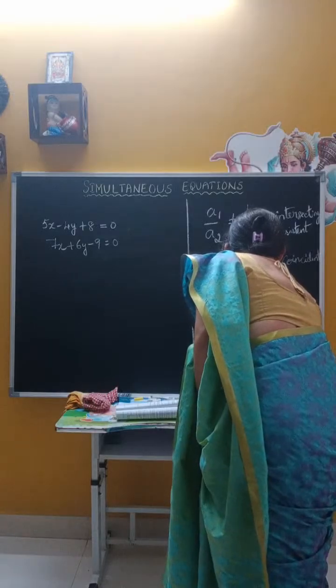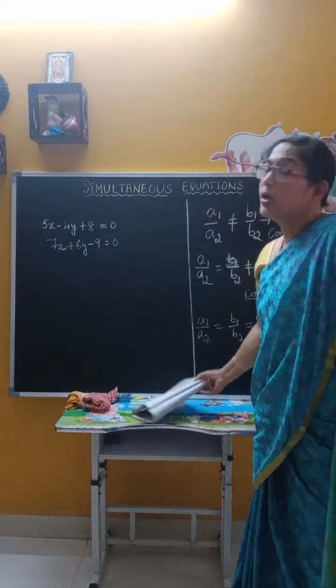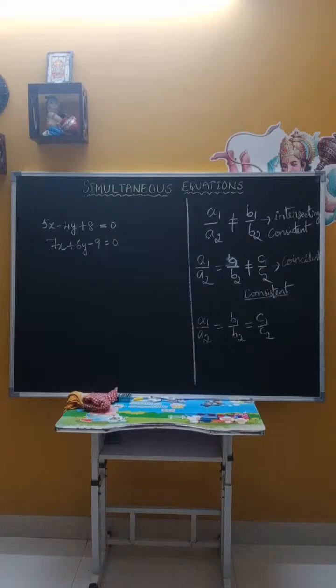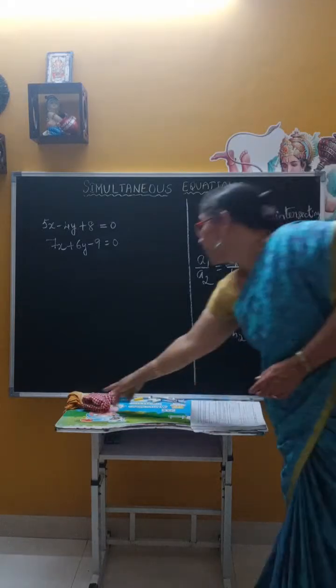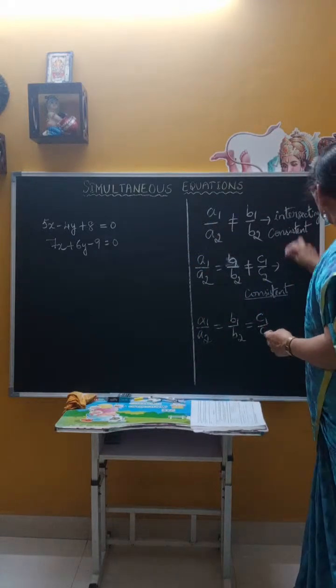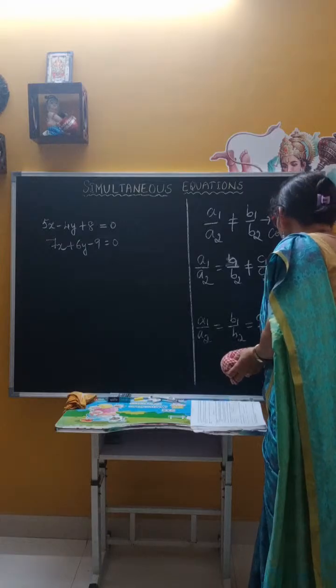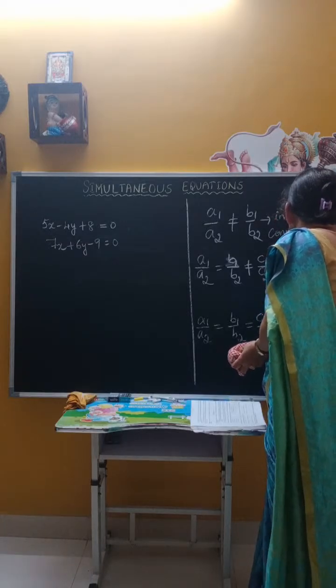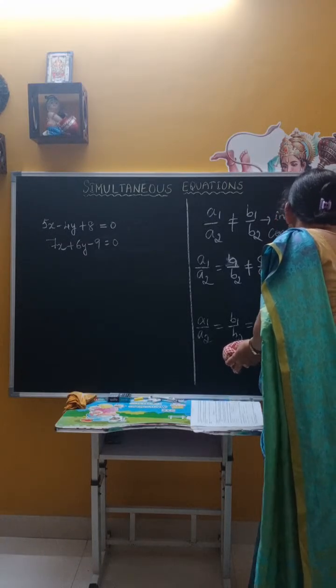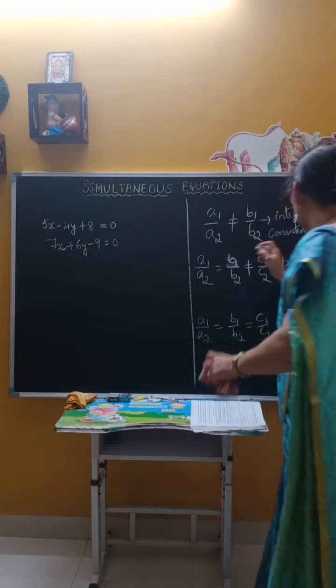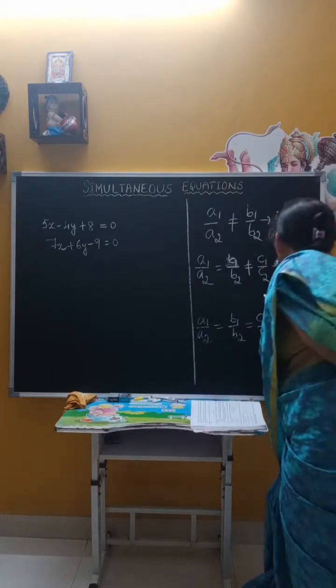Now for the last case, for parallel lines, it is a1 by a2 is equal to b1 by b2 is not equal to c1 by c2. This is for parallel lines. Here the solution is inconsistent.